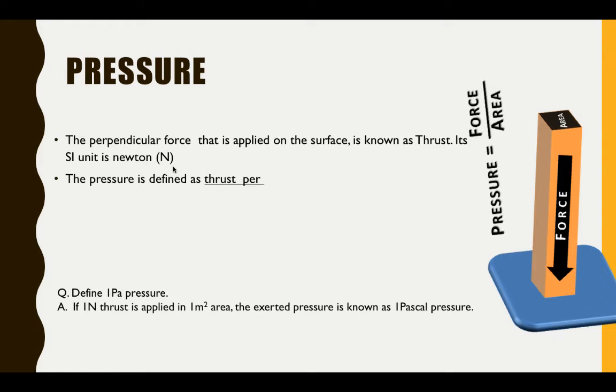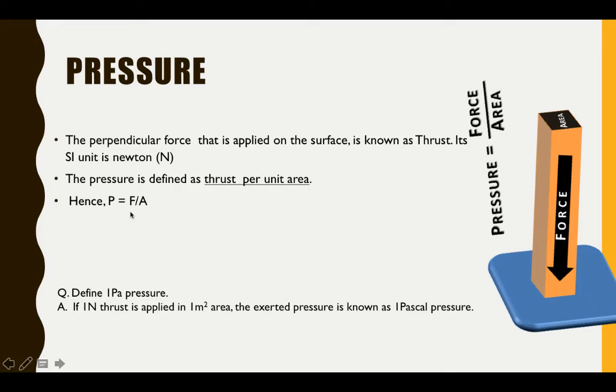After defining thrust, pressure is defined using this special force. Thrust per unit area is known as pressure. According to the definition, the formula is pressure is thrust, meaning force, divided by area.